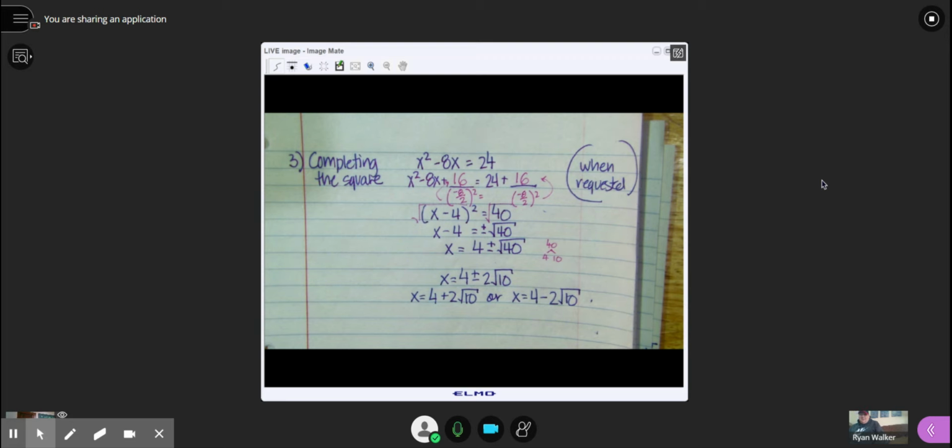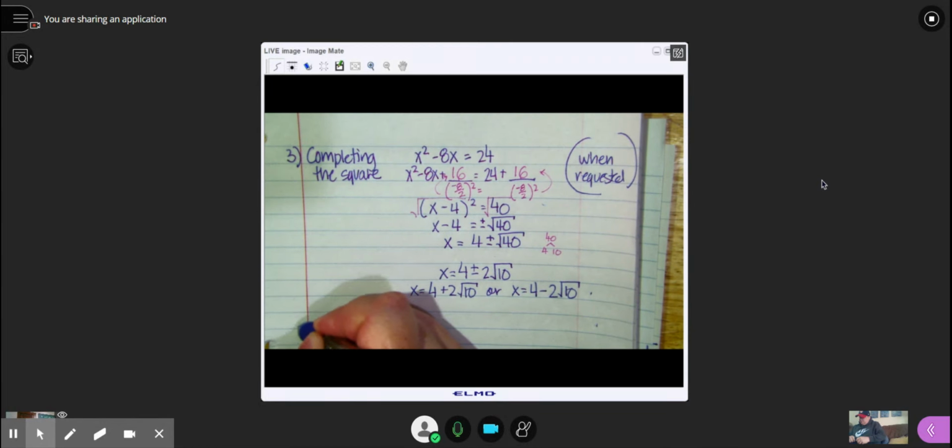That's kind of what completing the square is. When you need it, you have to know how to use it. But until then, eh. So we're going to test you on this skill, and then it's going to feel like you learned it for nothing until you need it. And then it's going to be, crap, how do I do that again? It's just the way this particular skill works.